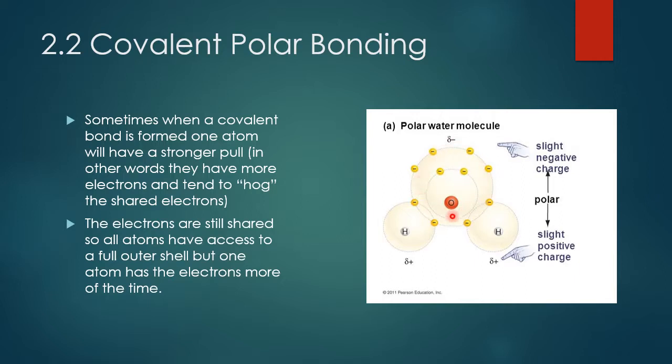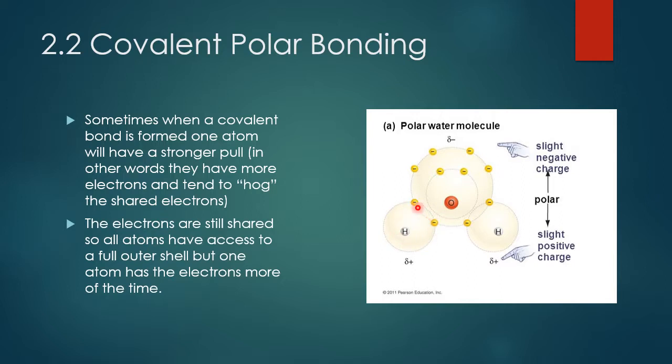And because it has a lot more electrons, it has a lot stronger pull for these shared electrons. So when it gets next to hydrogen, it basically tends to hog these outer electrons. You could think of it as the more greedy atom for these electrons, and it holds on to them more of the time than the hydrogen atoms do.